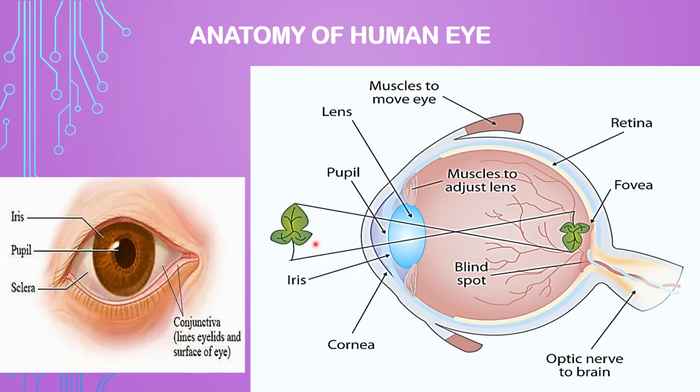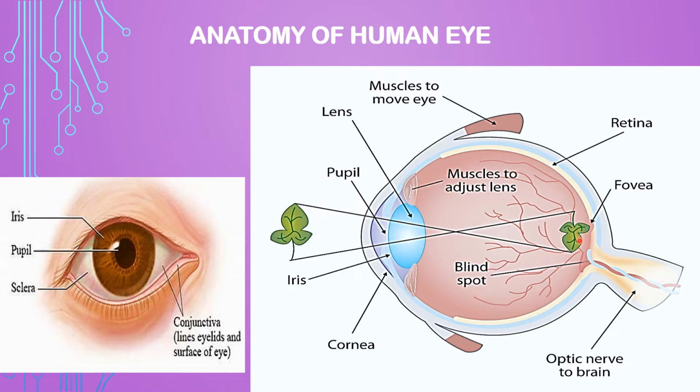The light enters the eye through the transparent cornea, passing through the pupil at the center of the iris. The lens adjusts the focus according to the light, and the image appears upside down and at the backward portion on the retina.